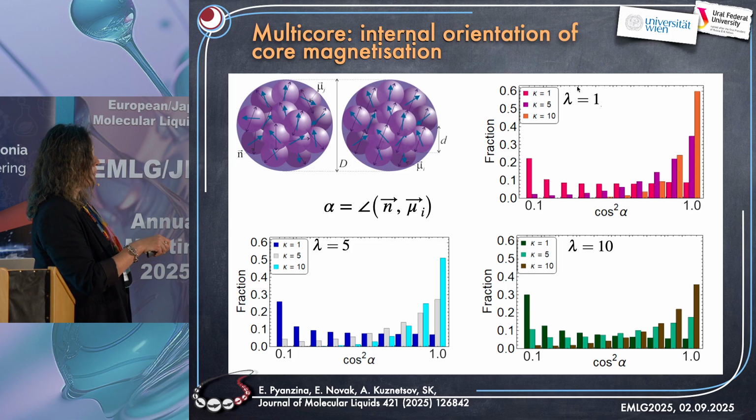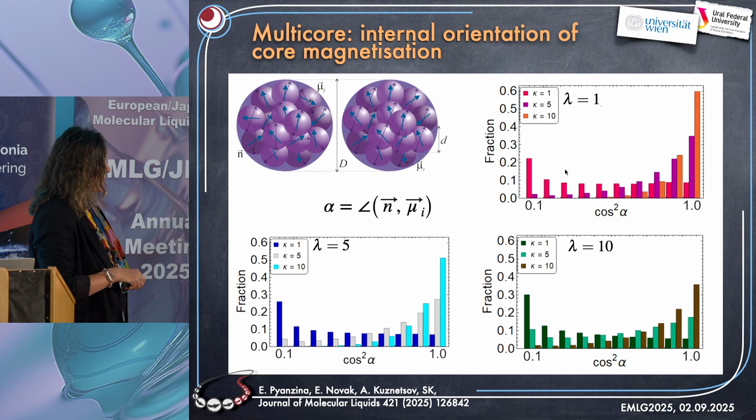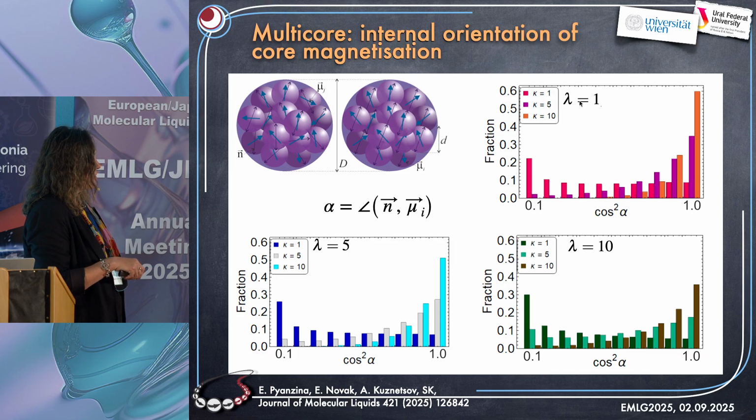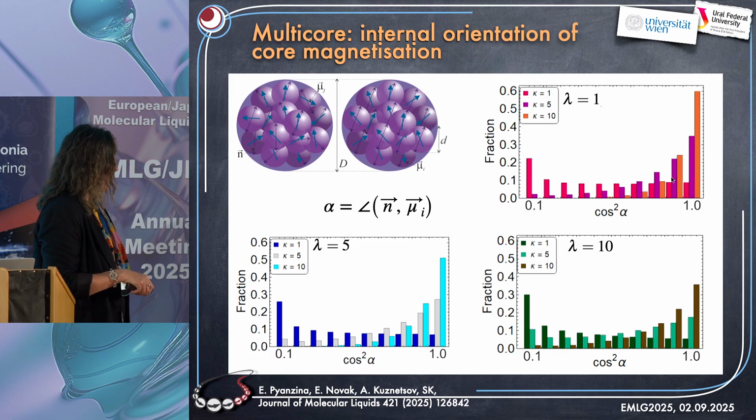So when you have small anisotropy and small interaction, what basically you have is a flat spectrum of the angles between the easy axis and the orientation of the dipole. No interactions, no anisotropy manage to create a preferred orientation of the magnetization inside the multicore. If the interactions are very weak, but the anisotropy is very high, all dipoles are oriented along the anisotropy axis.